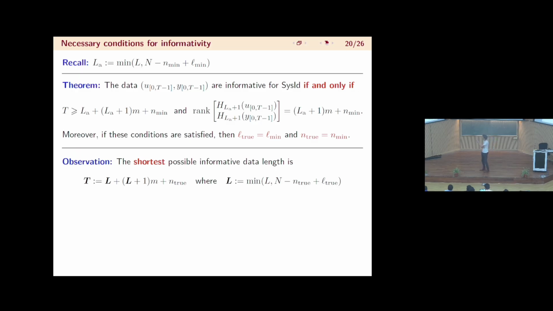So using this theorem, we now come up with a lower bound on the number of samples that we need. It is impossible to design an experiment that is informative for system identification with fewer samples than this number over here. So this is a lower bound on the number of samples we need.